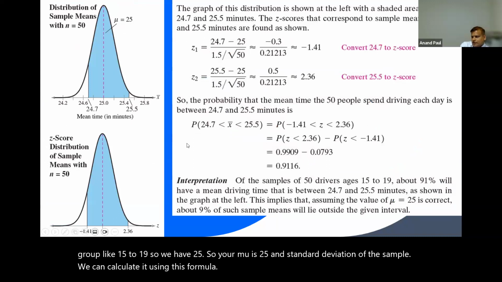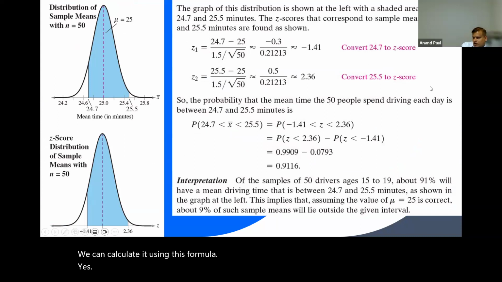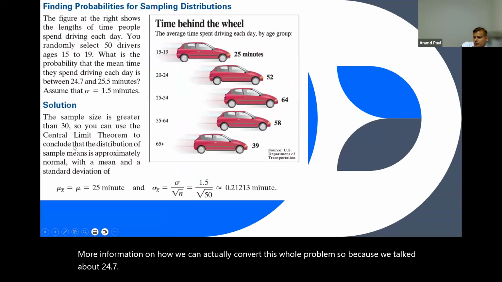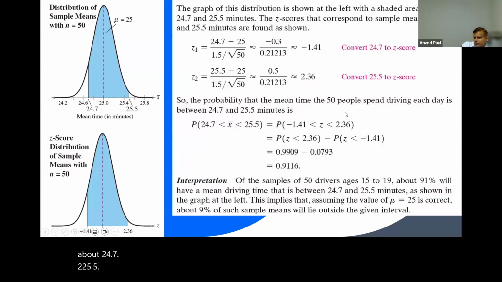Here is more information on how we can convert this whole problem. Because we talked about 24.7 to 25.5, we take Z1 from 24.7 to 25, because 25 is your mean, and then for Z2, 25.5 to 25.